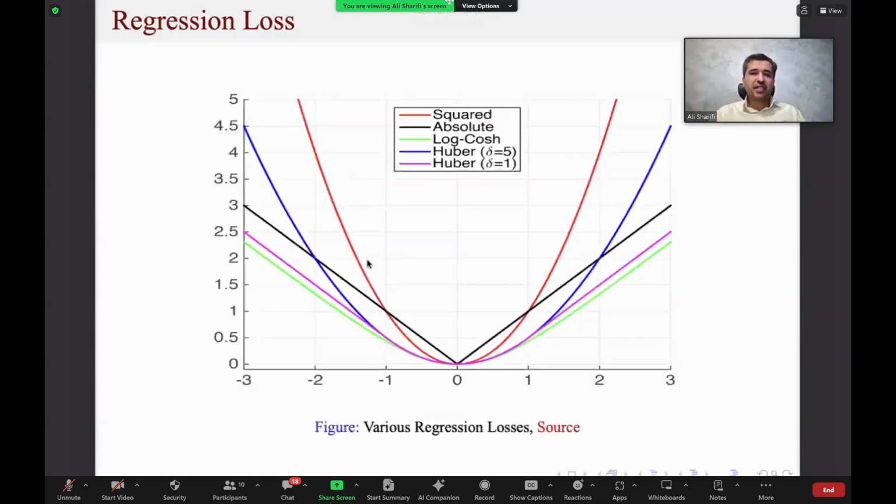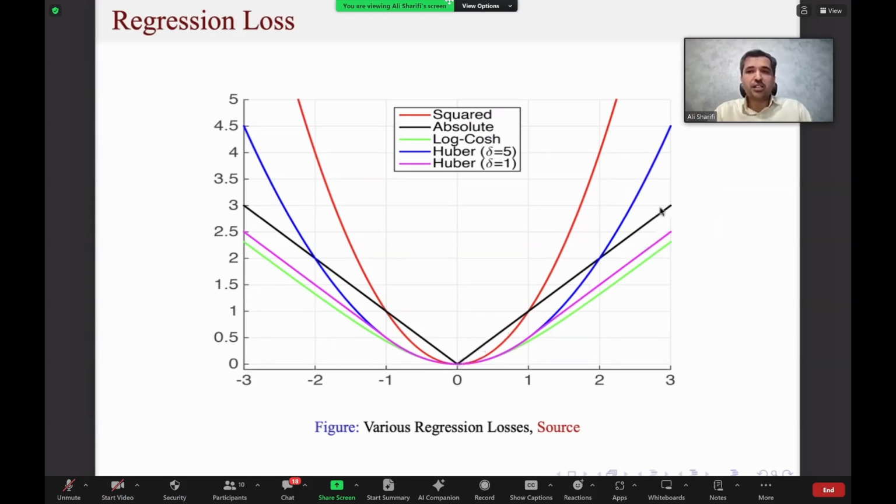You can see these different loss functions have different effects on our model. For example, with small errors, the mean squared error gives a lower loss value in comparison with the mean absolute error.